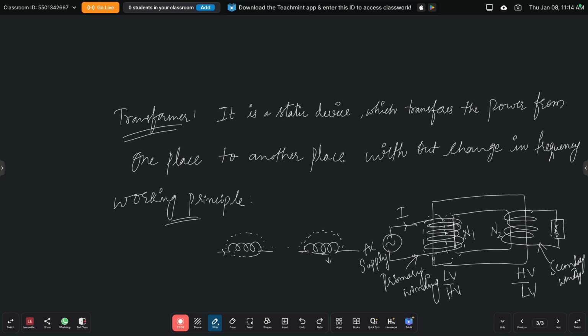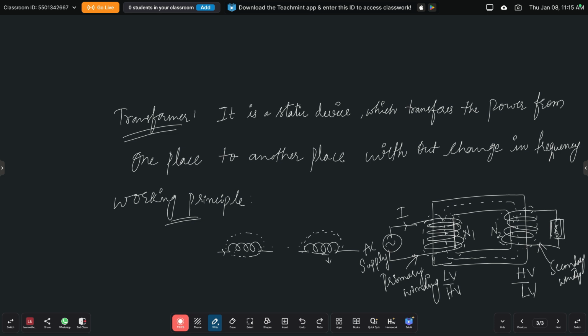That flux links with the entire magnetic core, and so it links with the secondary winding, and then an EMF is induced. The secondary winding is connected to the load terminal, so the current is driven in the secondary winding. The EMF induced in the secondary side is the mutual induced EMF.